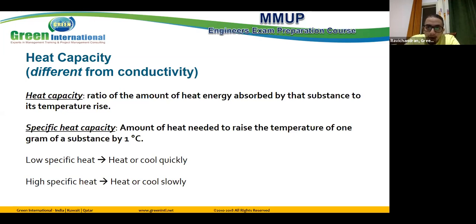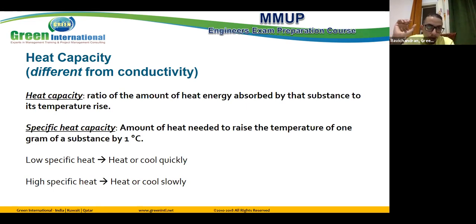We have a small difference between heat capacity and specific heat capacity. The specific heat capacity has the same definition as heat capacity, but at the end we have a small difference. At the beginning, both are the amount of heat needed to raise the temperature of 1 gram. What is next?